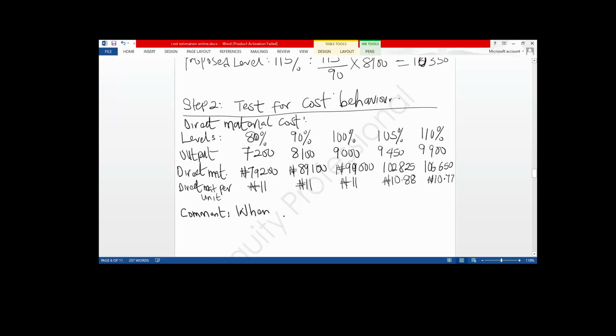When production is within 100% level, material cost per unit is constant at 11 naira.